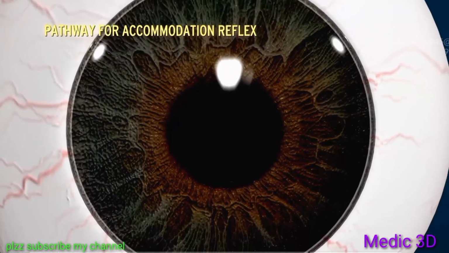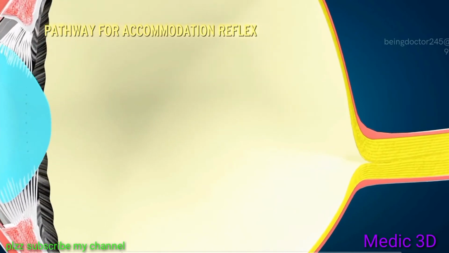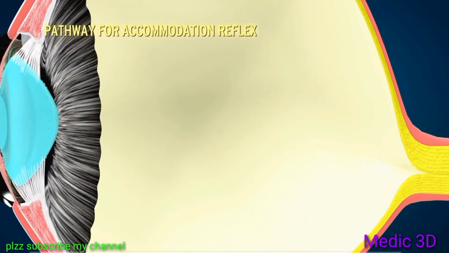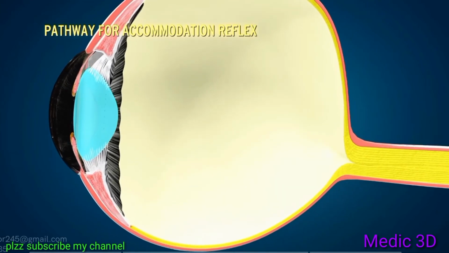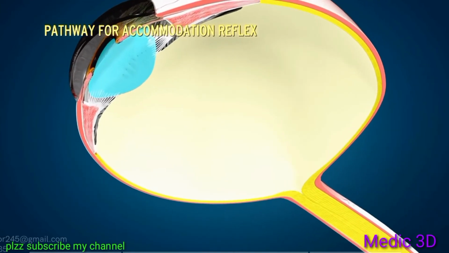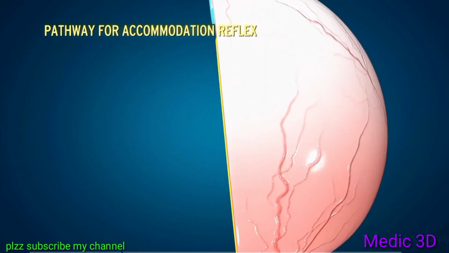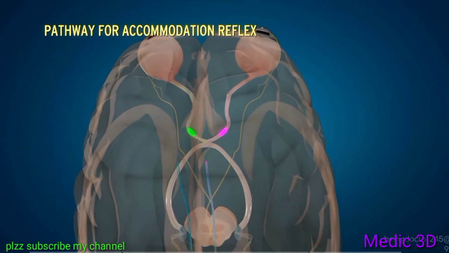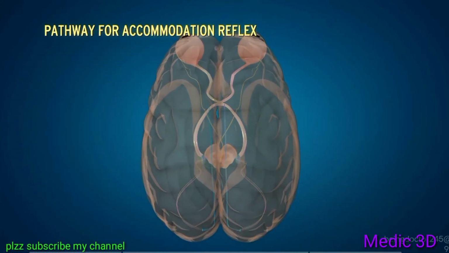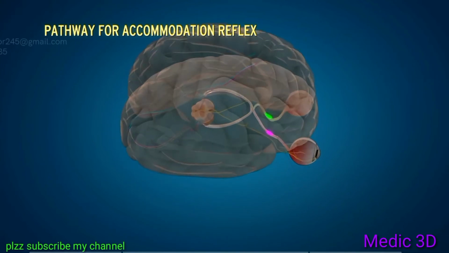Pathway for accommodation reflex. From photoreceptors, impulses are carried to occipital cortex along the visual pathway.